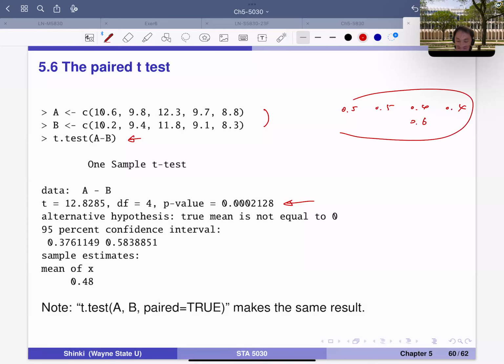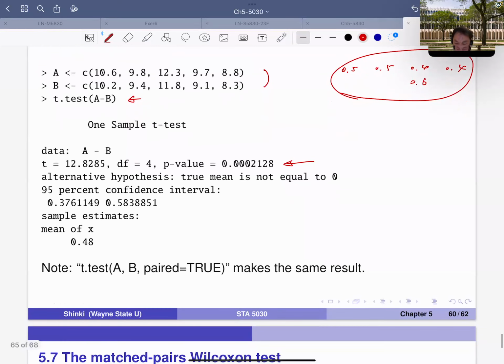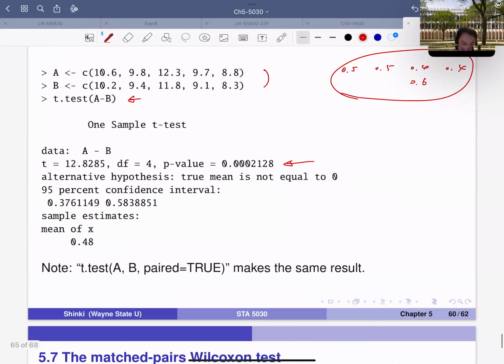So it's consistently positive. So we can say that the wear of tire A is more than wear of tire B. Yeah, and this can be also done by t dot test the two vectors A and B, and paired is equal to true. Then we make the same result. Maybe some explanations are different, but basically this does the same test.